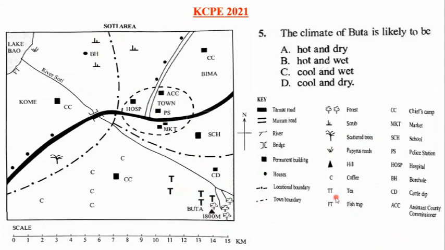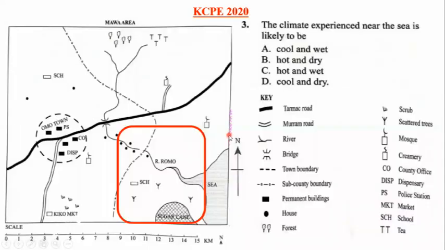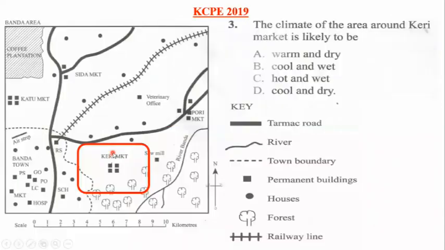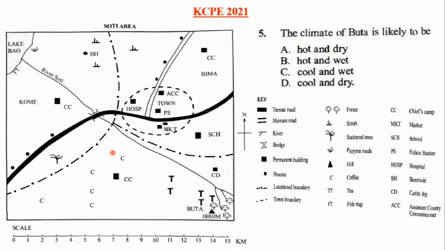Tea is grown here. As we had already seen in our explanation on how to identify the crops, you use the crops as evidence, and that is tea. The presence of crops such as tea and coffee indicates a cool and wet climate. So we have such a kind of climate here, cool and wet.